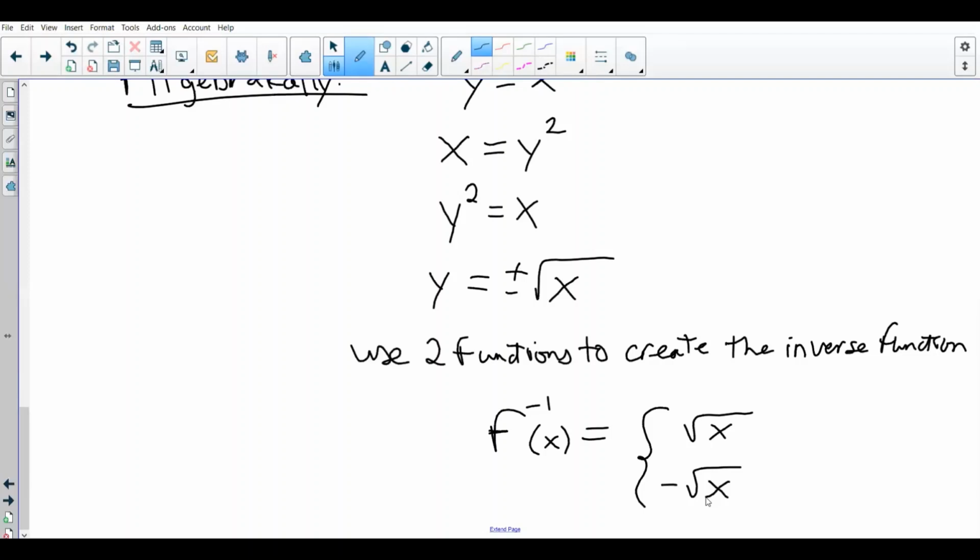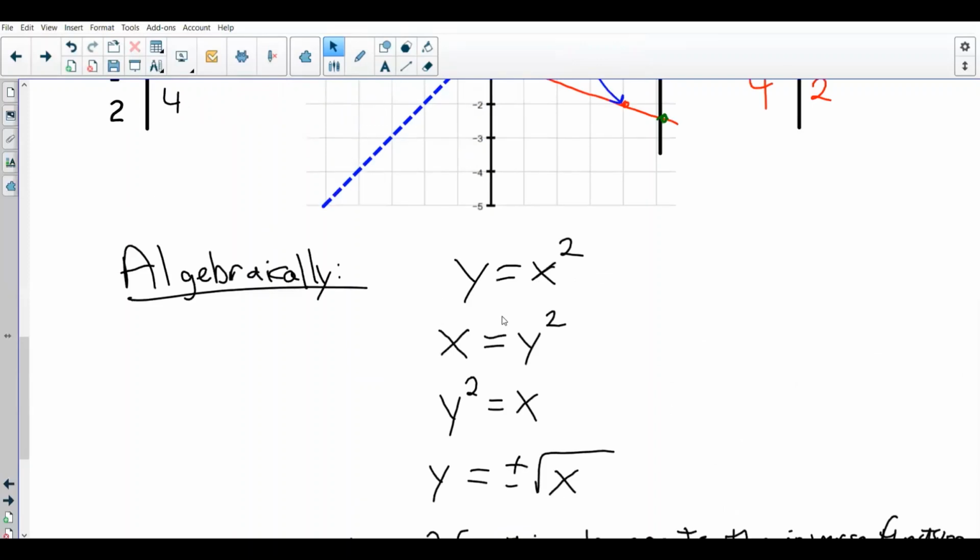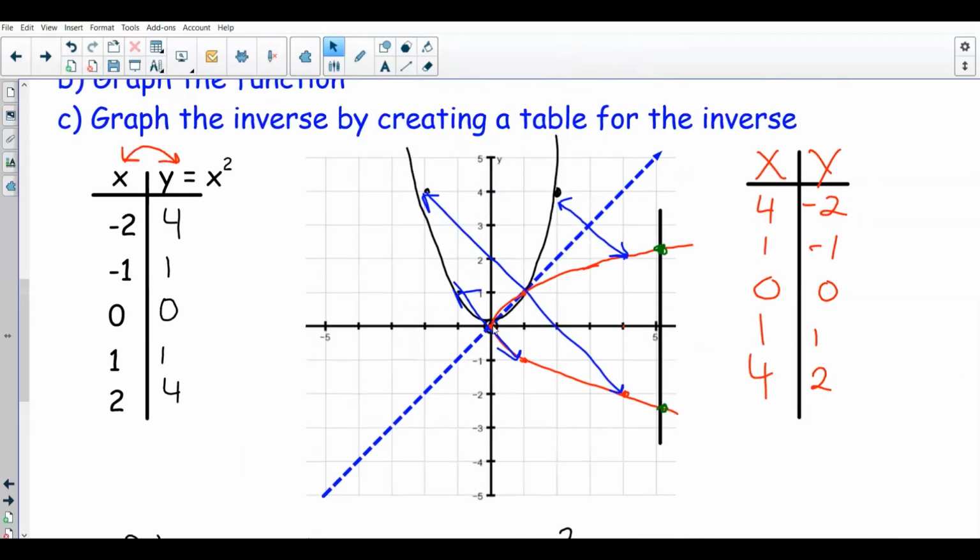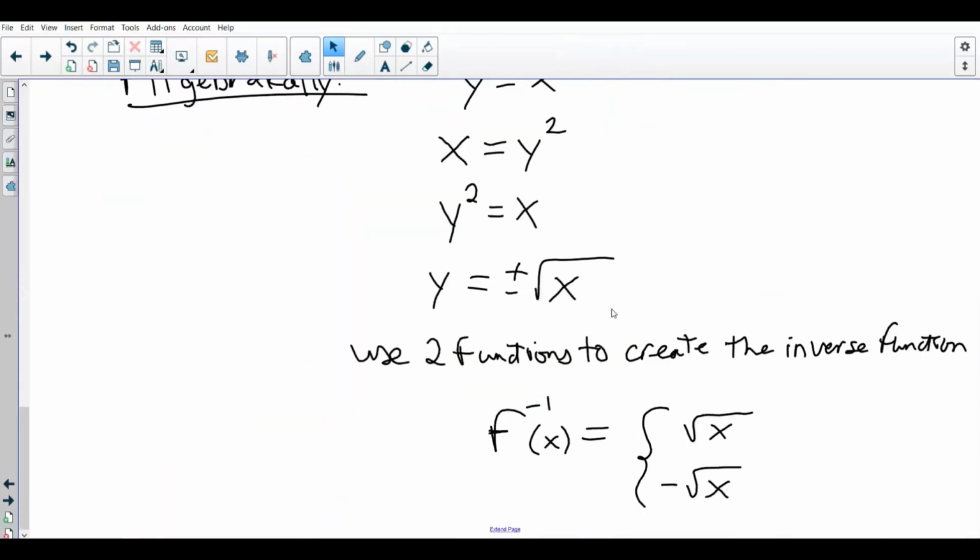A lot of times you might have a domain restriction over to the right out here. We don't have a domain restriction. Well, for both of those functions, x has to be greater than 0, but that's because the range of the original function was y is greater than or equal to 0.